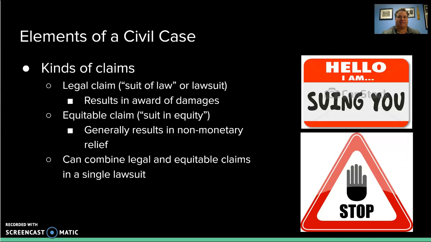And whether that's the barking dog at 3 a.m. or an order of protection against an ex-spouse or an estranged boyfriend or girlfriend, it's going to be a non-monetary award. Now, you can combine a legal remedy and an equitable remedy in the same lawsuit.